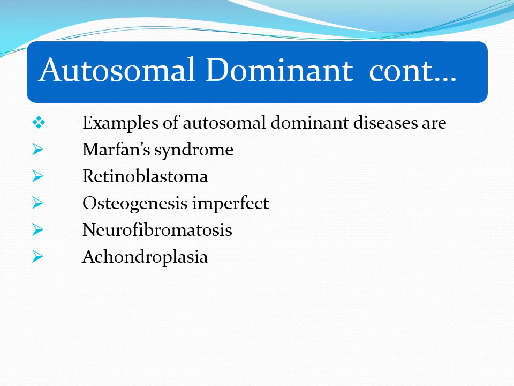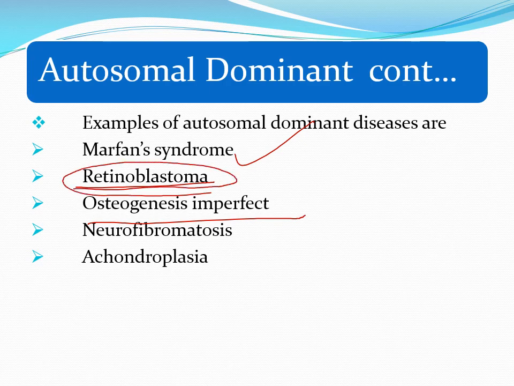Examples of autosomal dominant diseases: we have Marfan syndrome, we have retinoblastoma, we have osteogenesis imperfecta. Retinoblastoma, remember, is autosomal dominant in somatic cells. Which type of somatic cell? Retina. So you have a mutation in the retina.